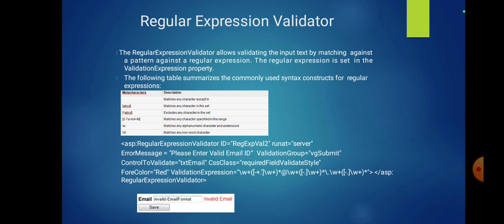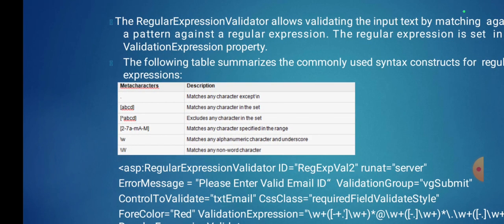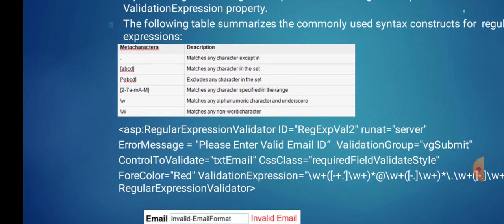They are match characters, match any character in the set by using square brackets, excludes any character in the set, match any character specified in the range, and also matches any alphanumeric characters and underscore, and non-word characters.